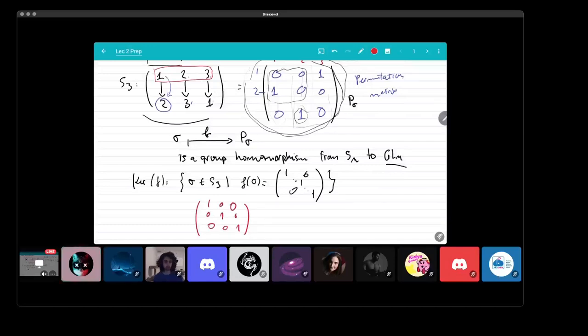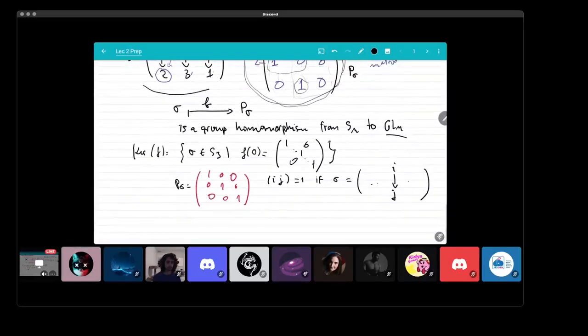By how we constructed this matrix, each coordinate ij is 1 if in the permutation i gets sent to j. So since this matrix coefficient is 1, this is coordinate 1 1, it means that in sigma 1 gets sent to 1.